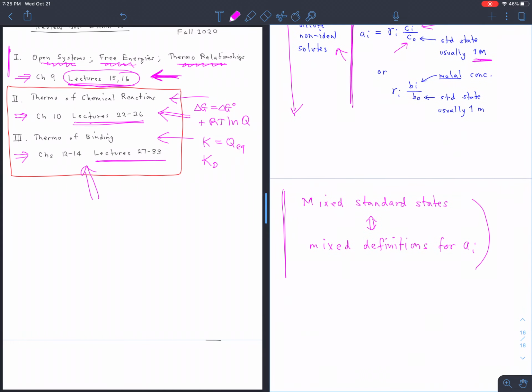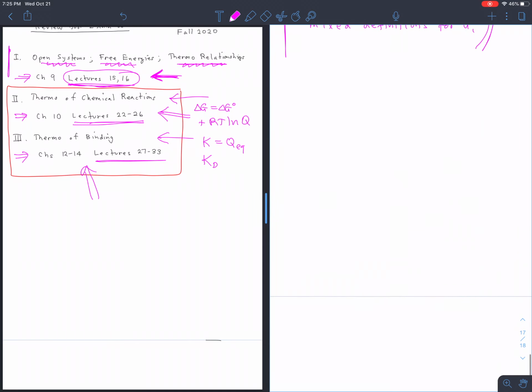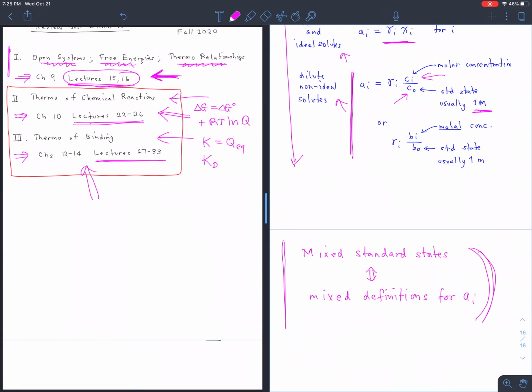One of the issues that's come up, and we'll talk about later, is the fact that you can have standard states that involve both concentration and pressure or other concentration type units, mole fraction, for example, all in the same expression, and that's fine if it's consistent. In fact, it's even necessary if it's consistent with the standard states that apply for the numbers you got from the tables. All right, that is the first part.